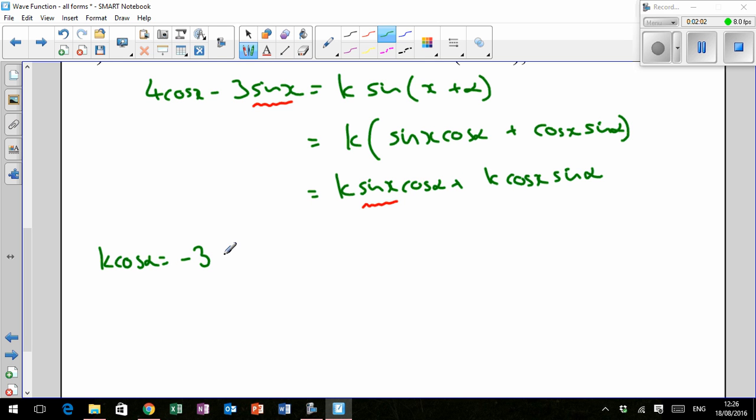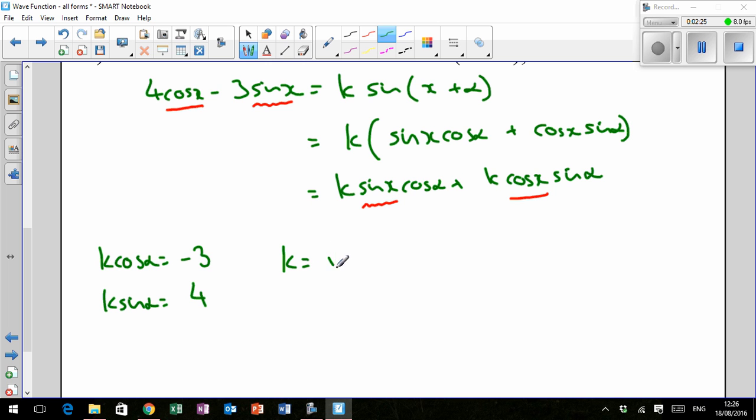So k cos alpha equals -3. Then same goes, cos x is here, cos x is here, which means with this cos x is k sin alpha, and with this cos x is 4, so k sin alpha has to be 4. If you just keep doing that and are very careful, you won't make any mistakes.